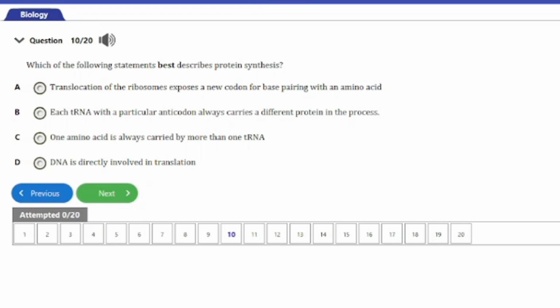C, one amino acid is always carried by more than one transfer RNA. D, DNA is directly involved in translation. So guys, the correct answer to this question here is option A, and that's translocation of the ribosomes exposes a new codon for base pairing with an amino acid. So that's it for that question.